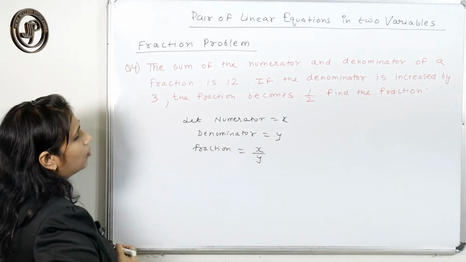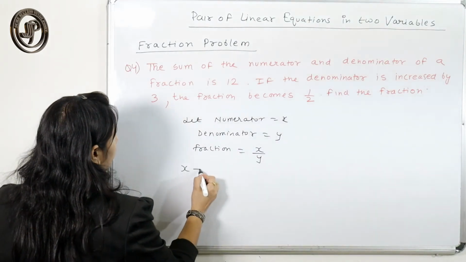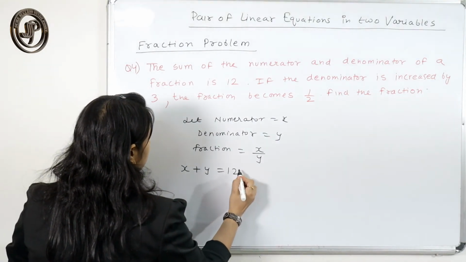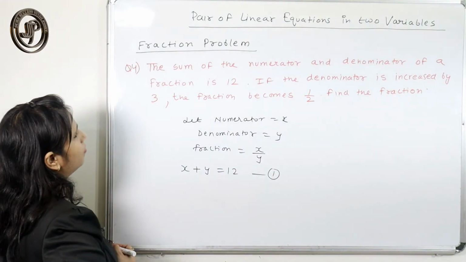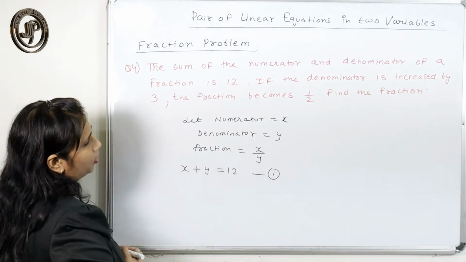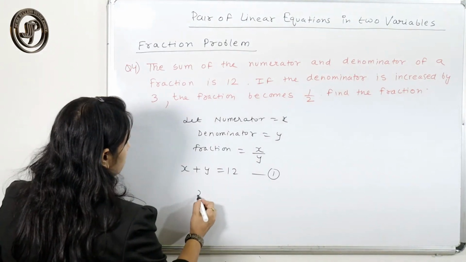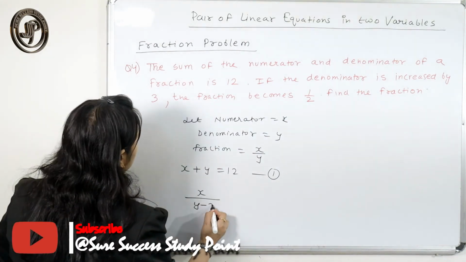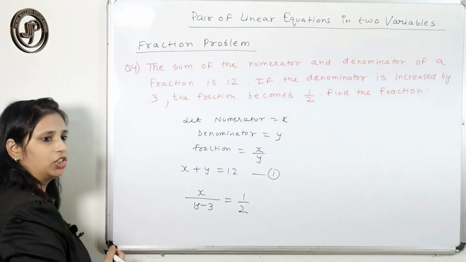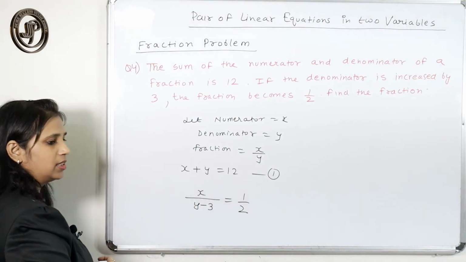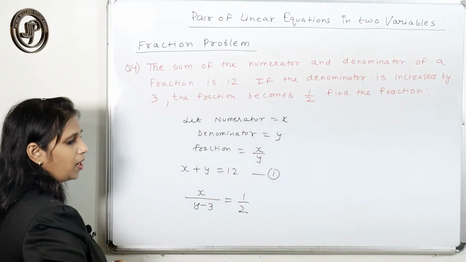It says the sum of numerator and denominator of a fraction is 12. If the denominator is decreased by 3, the fraction becomes 1 by 2. Numerator as it is, denominator is decreased by 3. Numerator by denominator is a fraction.